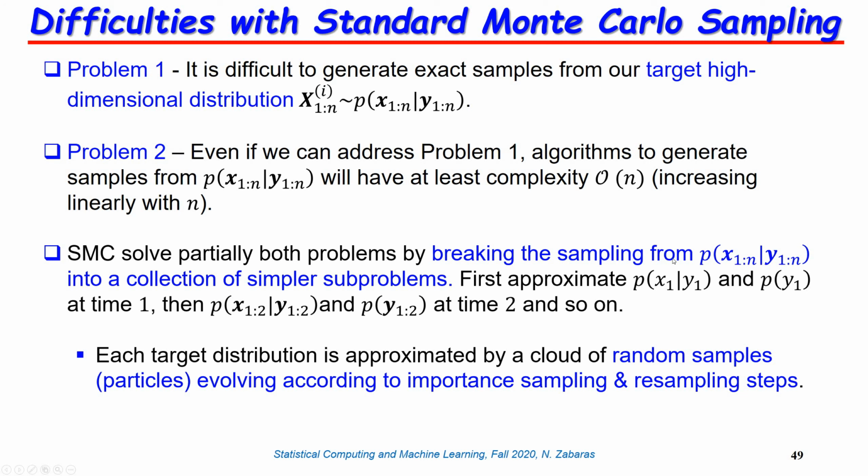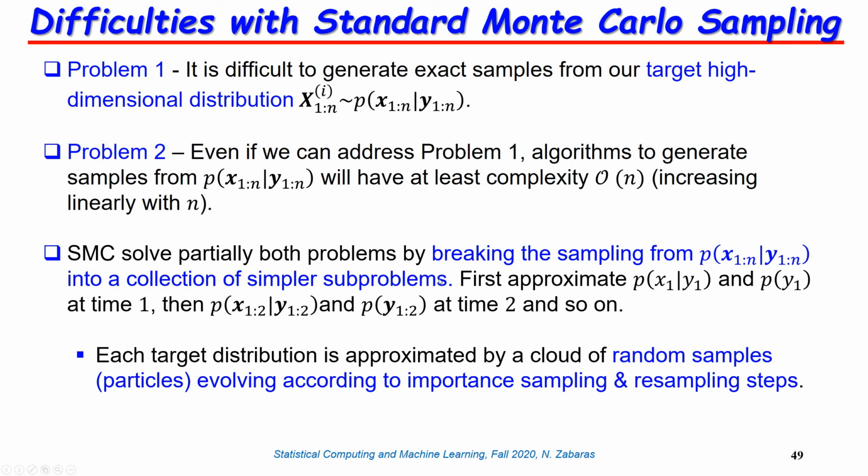And then I am going to reuse whatever Monte Carlo samples were used in this approximation to build the approximation for p of x1 to 2 given y1 to 2, and also of my marginal likelihood p of y1 to 2.